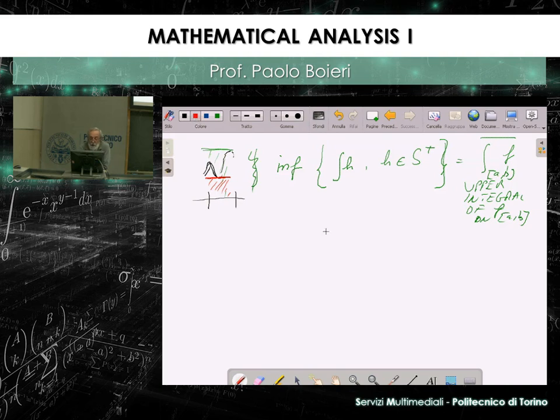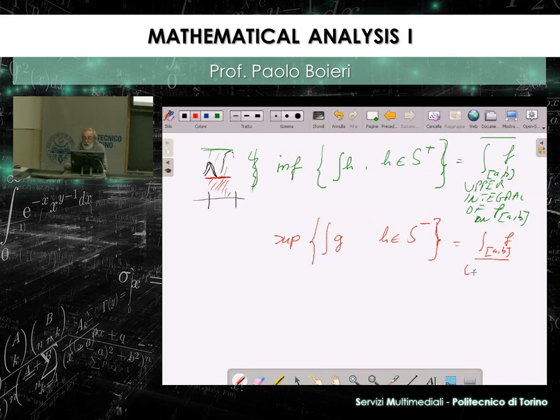Then I do the same for the functions g belonging to S minus, that are the functions that approximate by below. And for this case, I am interested in increasing as possible this. And then I take the supremum. And this will be called, the symbol will be integral AB f with a bar below.